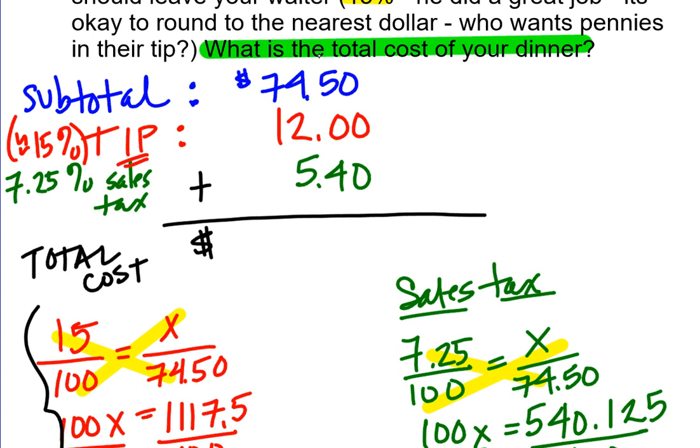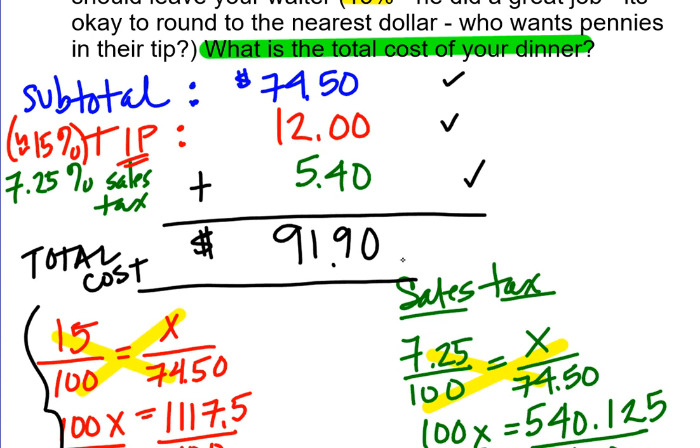So now if we're going to look to see how much we spent all together on food, we spent $74.50. On the tip, we're going to tip them $12, and our sales tax is $5.40. So when I add these three things together, I end up with a total cost of $91.90.